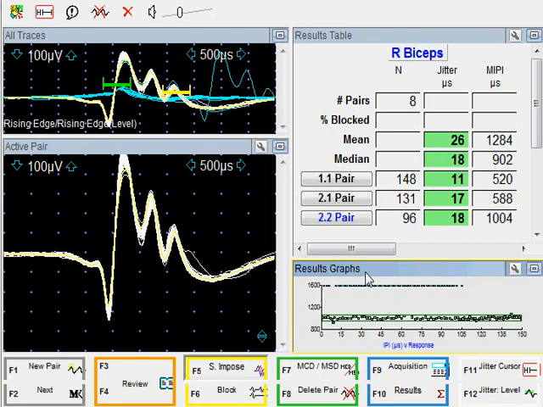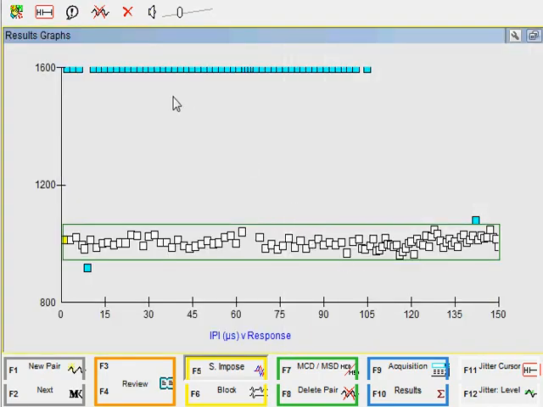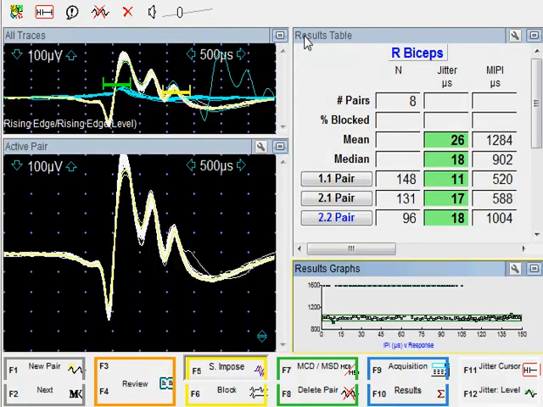When we look into our interpotential interval graph, we can see those traces at the top. They did not cross either of the windows. For my second pair, I have got 96 discharges over here, and my jitter value is 18 microseconds. Both of these are very good values.